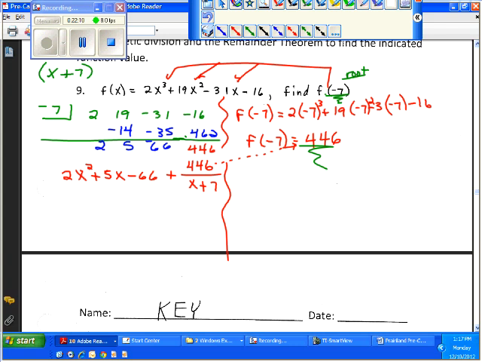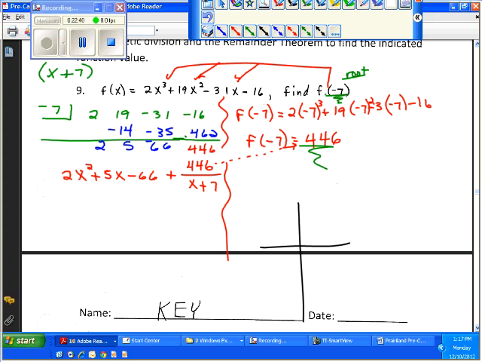If we were trying to graph something, and we were doing synthetic division for a reason you may not totally understand right now, remember back when we were talking about bouncing and crossing and we were finding all the roots? And there were times I had to give you all the roots because you didn't know how to do it yet. Well, now you know how to do it. So we're going to be using this to find all the roots, and we'll talk about whether they cross or bounce and end behavior and all that good stuff.